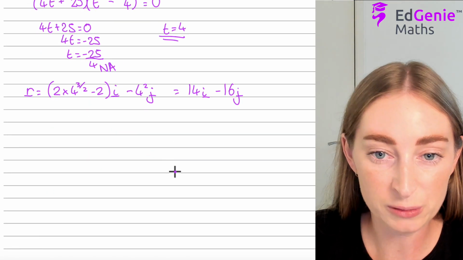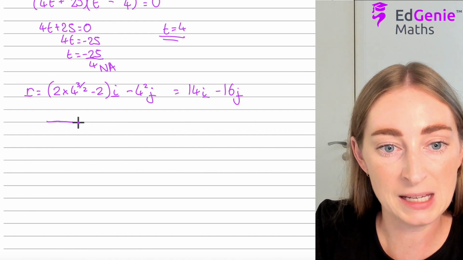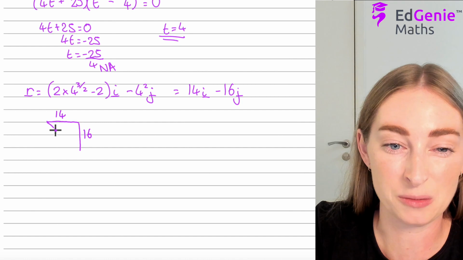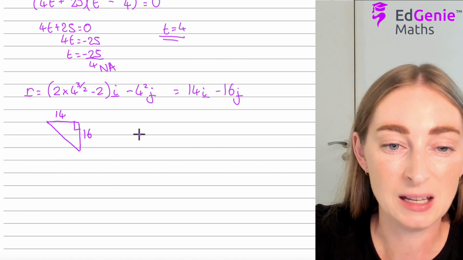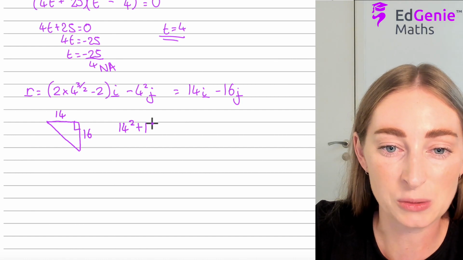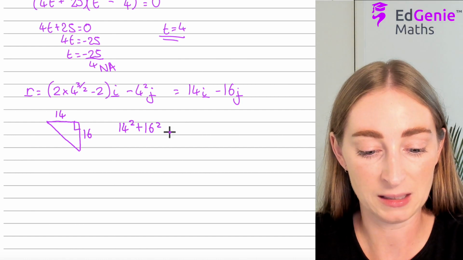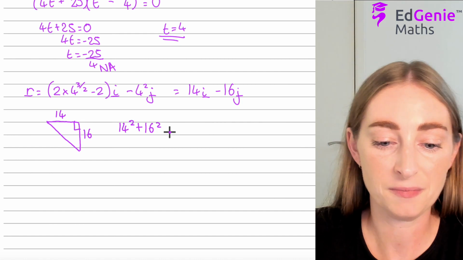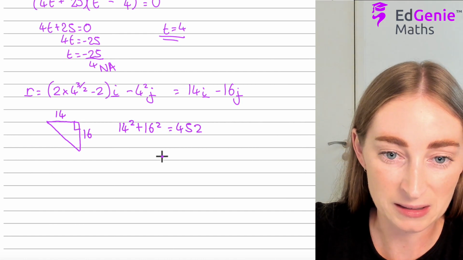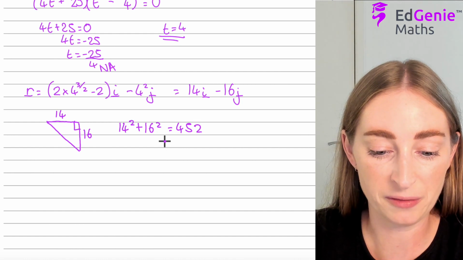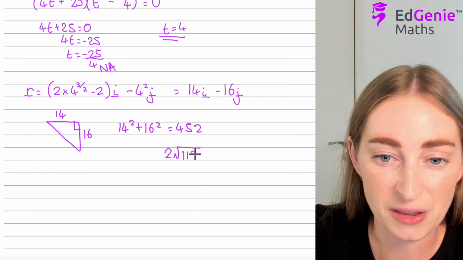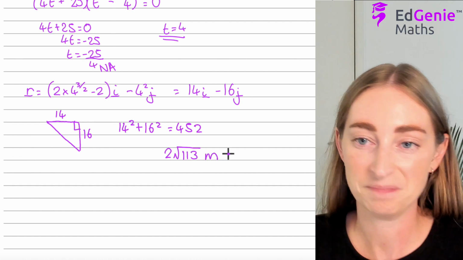So to get our overall distance, we know we're going 14 in the i direction, minus 16 in the j direction. Again, don't worry about negatives because I'm going to do Pythagoras. 14 squared plus 16 squared. That's going to give us 452. So our distance is going to be the square root of that, which is going to be 2 root 113 meters. And that's your answer.